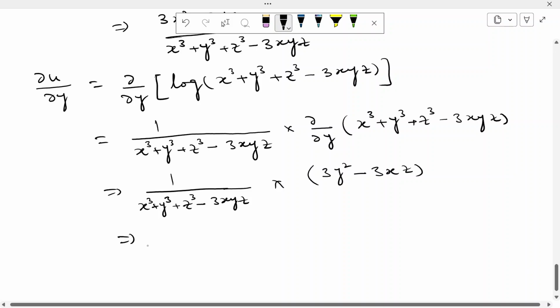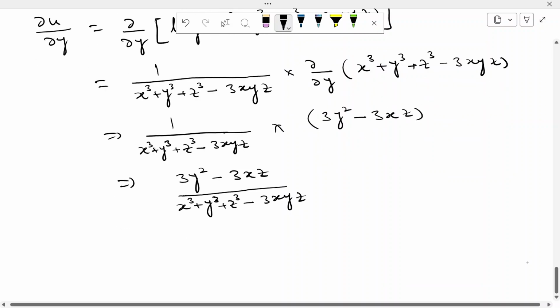So you can write this as 3y square minus 3xz over x cube plus y cube plus z cube minus 3xyz.